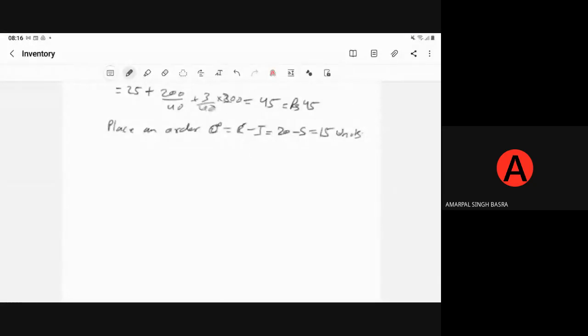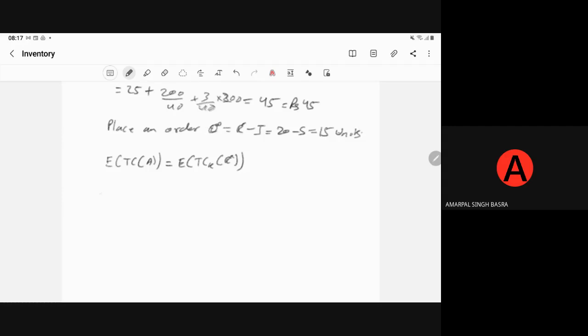It means what we have to do? In part C, if the quantity in our hand is A and we are not placing an order, the ETC must equal ETC K when we want our inventory level to be R star.